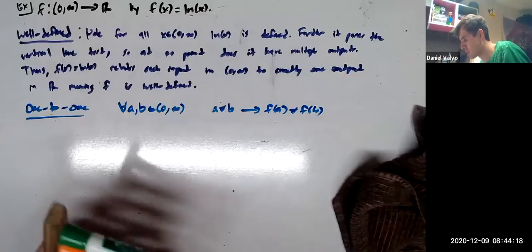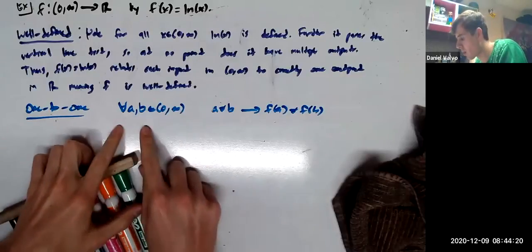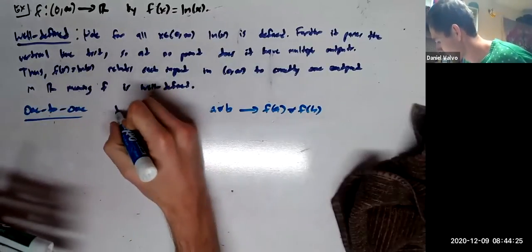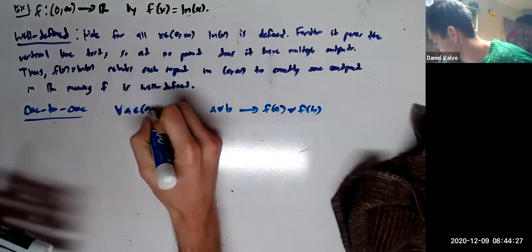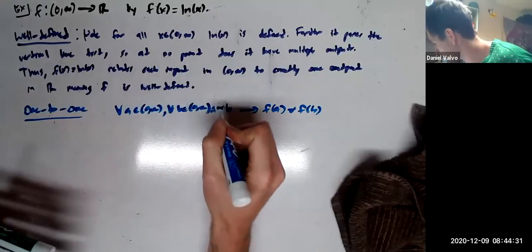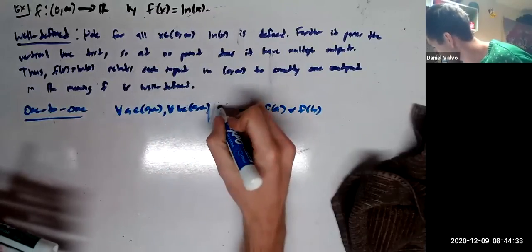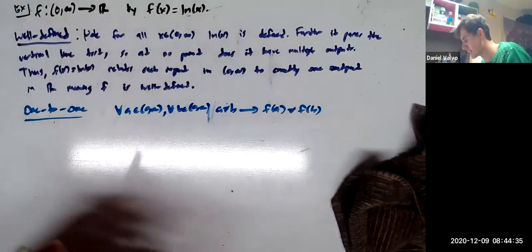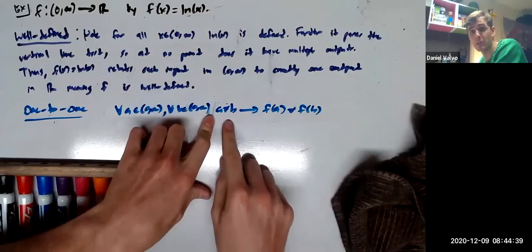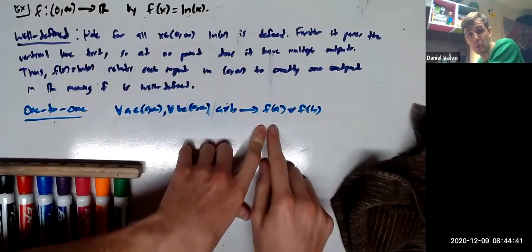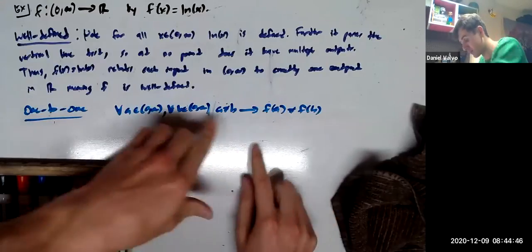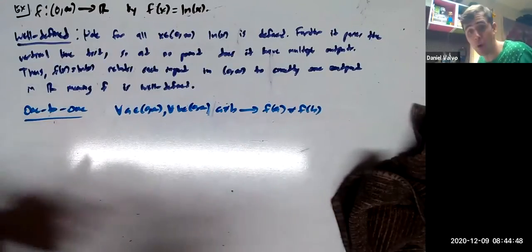So really, it's a simplification. I should say for all a in (0, infinity), for all b in (0, infinity), a not equal to b implies that f of a does not equal f of b. The point is, any two distinct inputs will map to two distinct outputs. They'll map to two different things, not the same thing. That's the whole point of being 1-to-1.